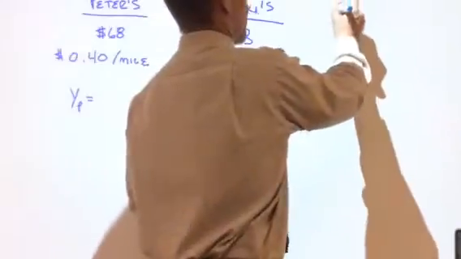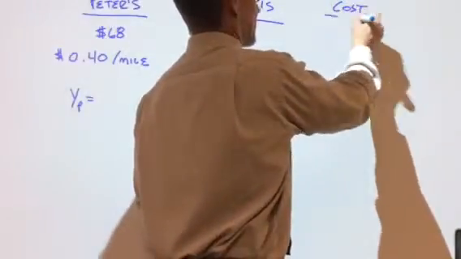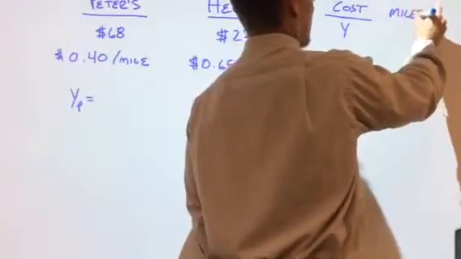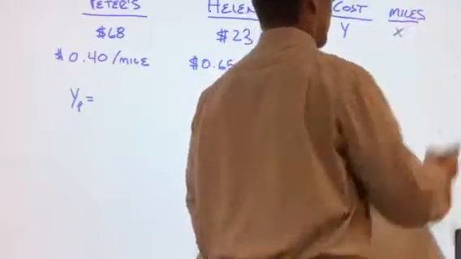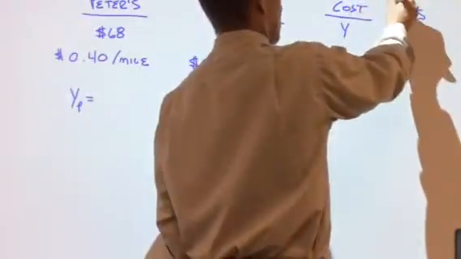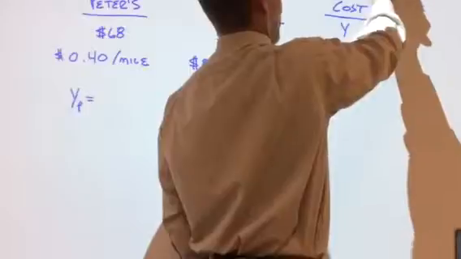So cost is our dependent or y variable, and how many miles we drive is going to be our independent variable. The cost depends on how many miles we drive.